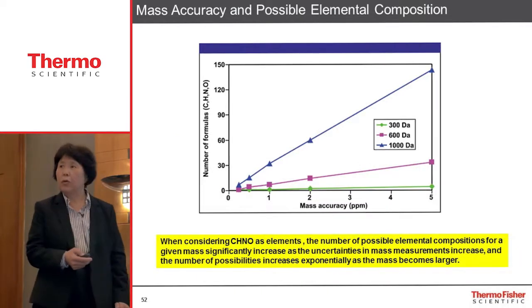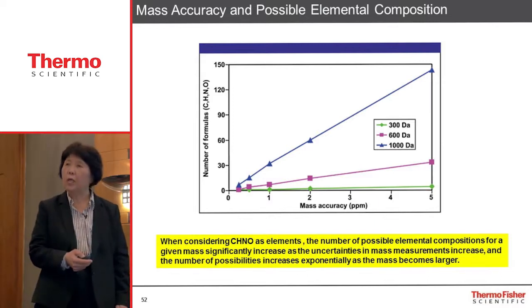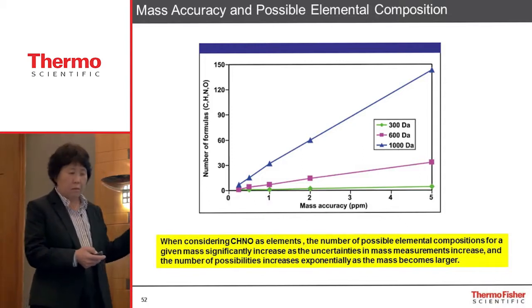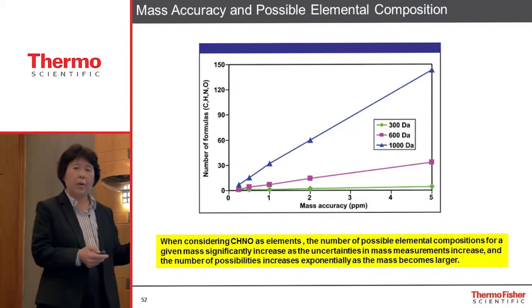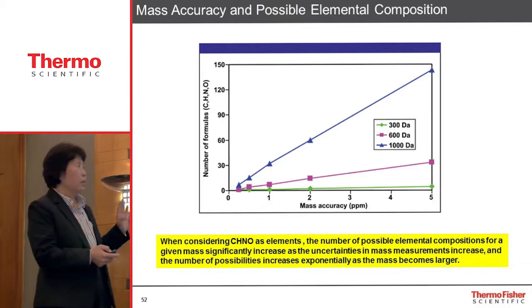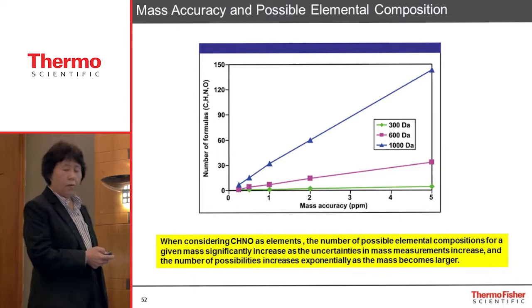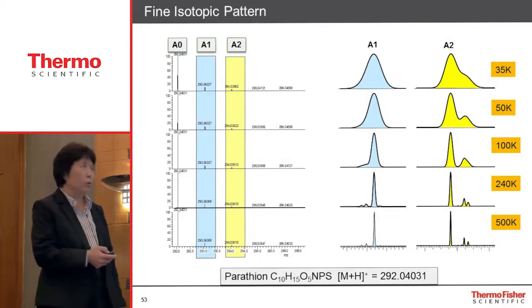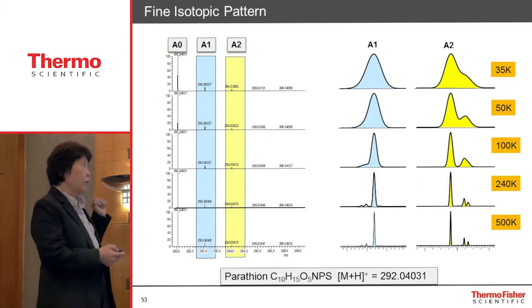Mass accuracy alone is not enough to arrive at a unique elemental composition. When you have a molecular weight higher than 400 or 500, even with a 1 ppm mass error, the possible elemental compositions increase dramatically. Therefore, we need a second orthogonal filter to figure out the unique elemental composition.